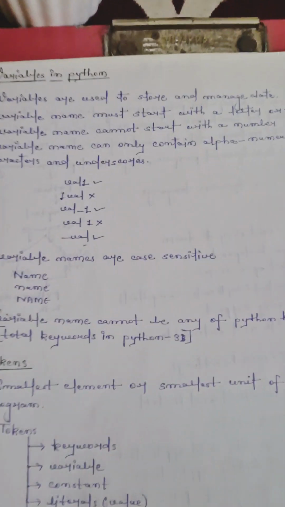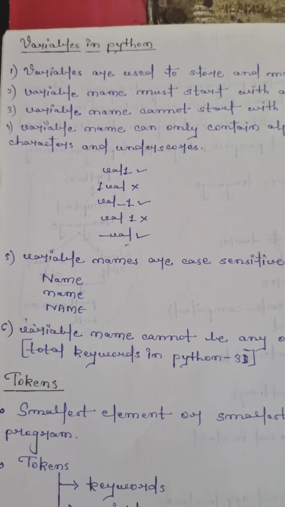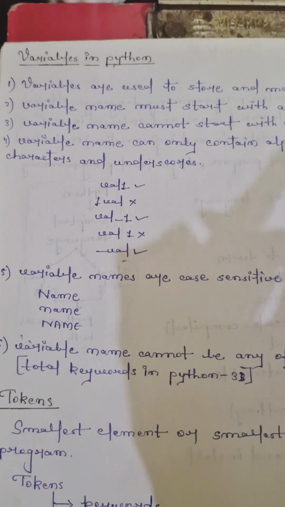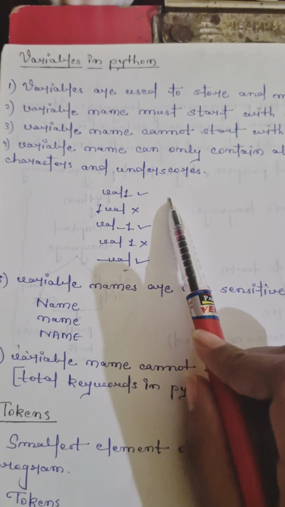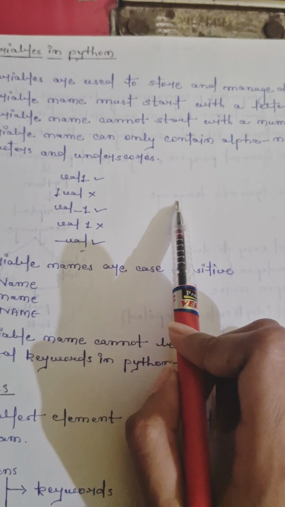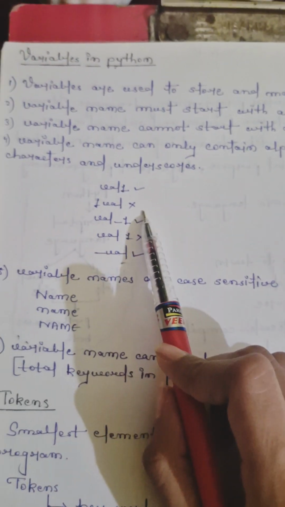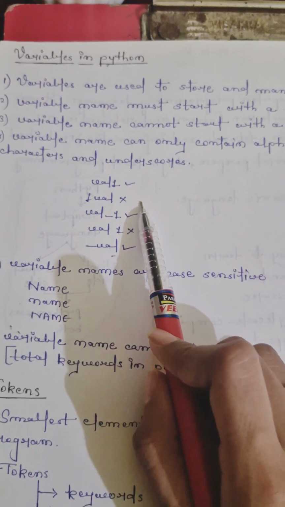Coming to our next point, variables, and from here we are starting our practical part also: variables in Python. Before writing code or starting on the machine, you should know a little bit of theory about what you are coding.